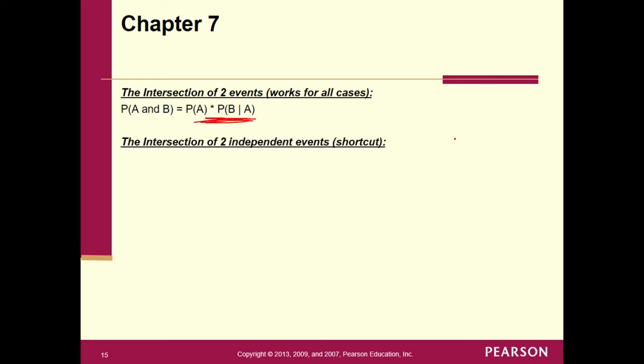If we know that the two events that we're looking at are independent of one another, what that means is that the probability of B given A is simply equal to the probability of B. Remember, that is the definition of independent events. So if we do a little substituting here, we know that this is equal to that. We substitute it into here, and you're left with the probability of A and B is equal to the probability of A times the probability of B. That's if they're independent of one another.